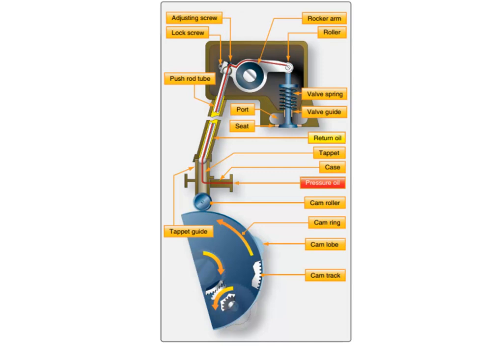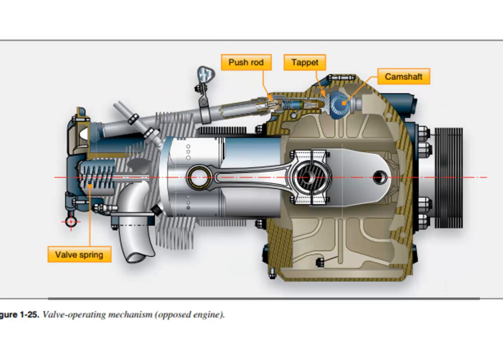And so if it's an intake valve, it's letting a new charge of fuel-air mixture into the cylinder. If it's an exhaust valve, it's opening up to let the exhaust back out again. It's all geared together so that they open and shut exactly at the time that they're supposed to each revolution.